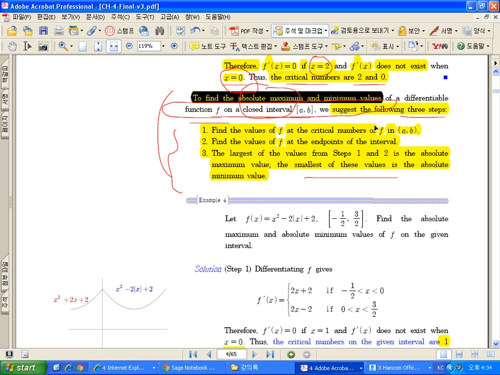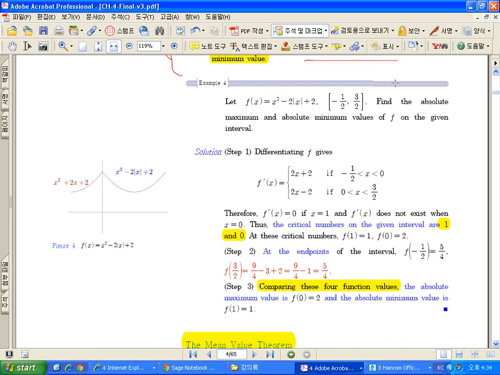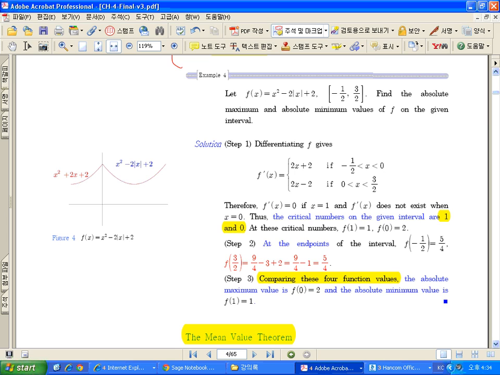So if you have the critical numbers, all you have to do is find the value of the function at those critical numbers and the endpoints, and compare those values. The largest one is the absolute maximum and the smallest one is the absolute minimum of the function on the interval. Next, if f of x looks like this on this interval, find the absolute maximum and absolute minimum value of f on the given interval.